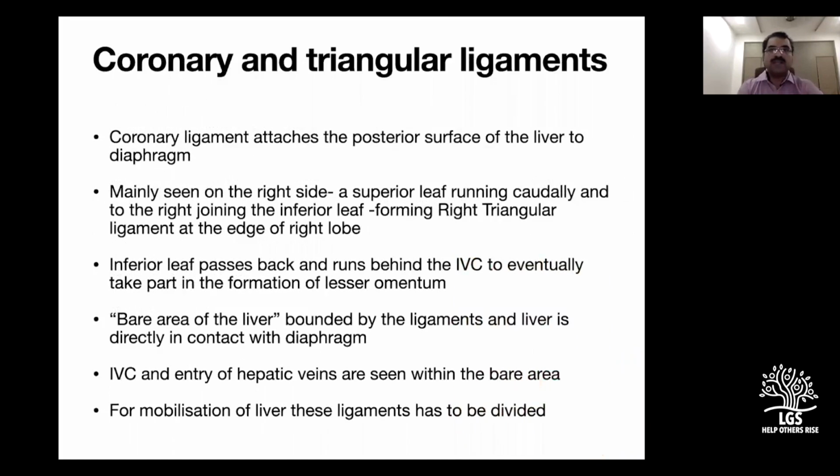patent falciform artery. The coronary and triangular ligaments are again the peritoneal attachments, and the right and left triangular ligaments bound the bare area of the liver, where the liver is in direct contact with the diaphragm, with not much of any peritoneal layers, but there is some small connective tissue between the diaphragmatic area and the liver.